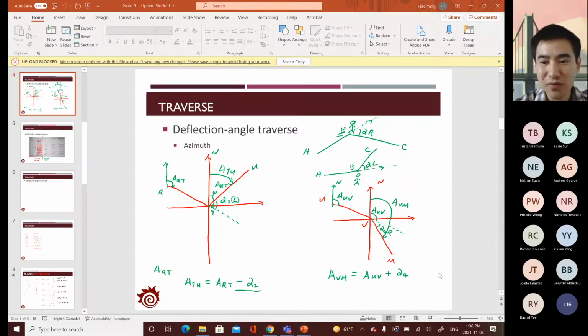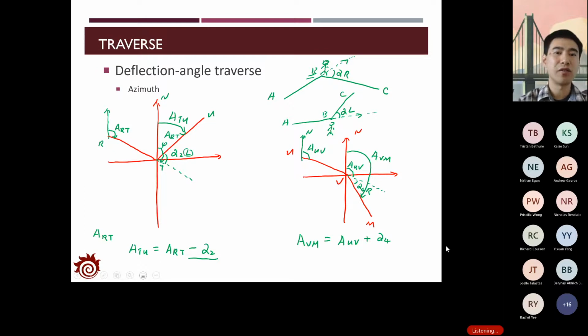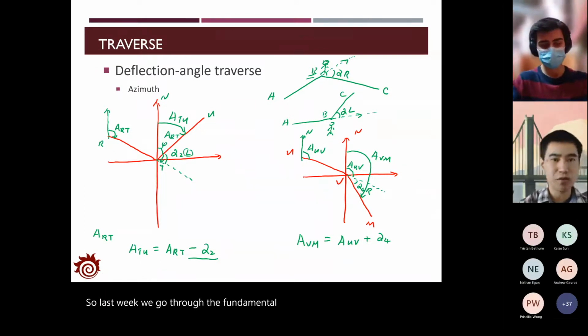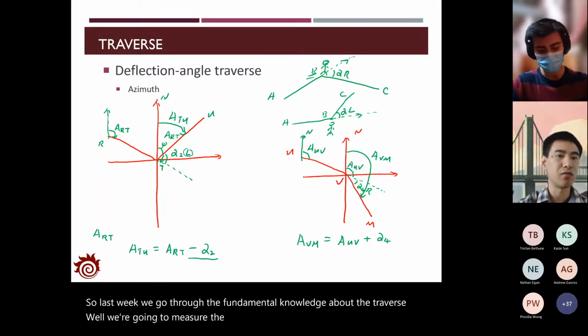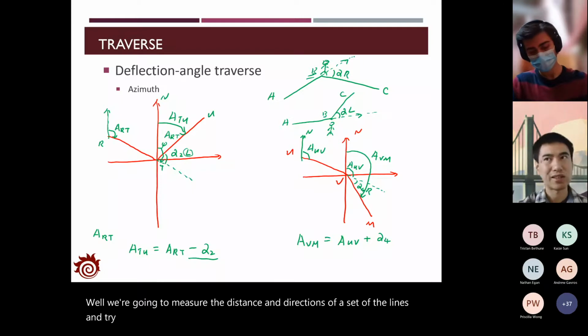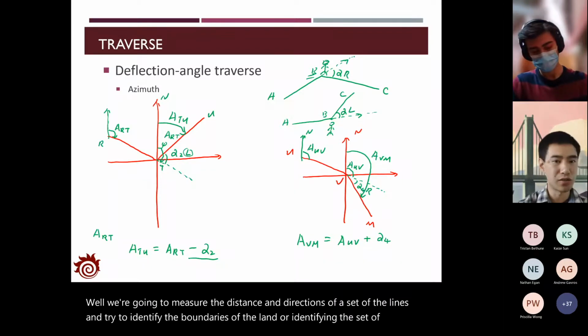Okay. So let me just share my screen. So last week we went through the fundamental knowledge about the traverse, where we measure the distance and directions of a set of lines and try to identify the boundaries of the land or identify a set of segments on the ground.